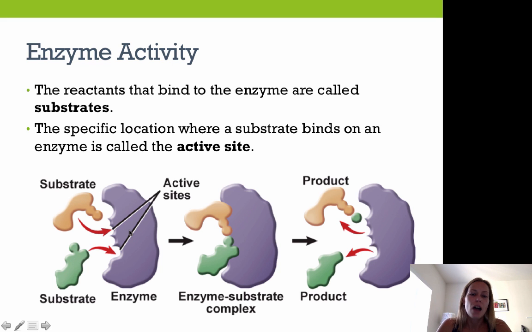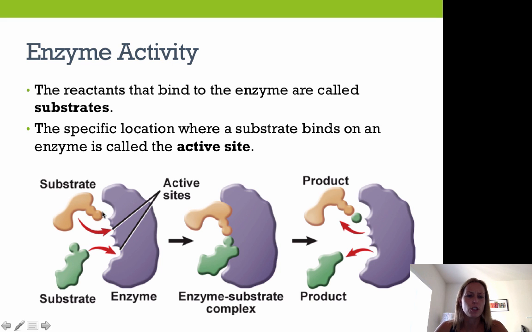And enzymes have a specific site called the active site into which the substrates fit. When the substrates fit into the enzyme, it's going to create an enzyme-substrate complex, and it's going to result in products being formed.